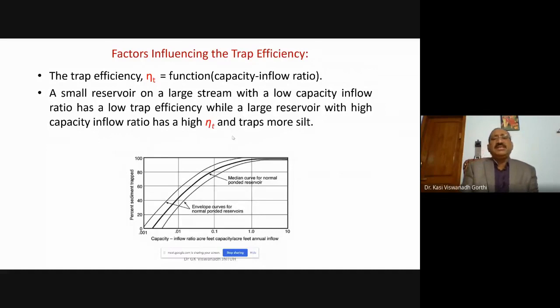The trap efficiency is a function of the capacity inflow ratio, as we have been indicating. So a small reservoir on a large dam with a low capacity inflow ratio will have a low trap efficiency, while if we take a large reservoir with a high capacity inflow ratio, it will trap more silt and the trap efficiency also will be more.